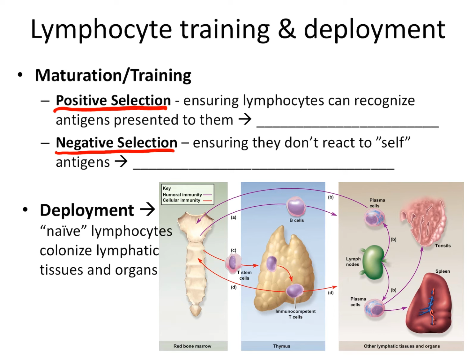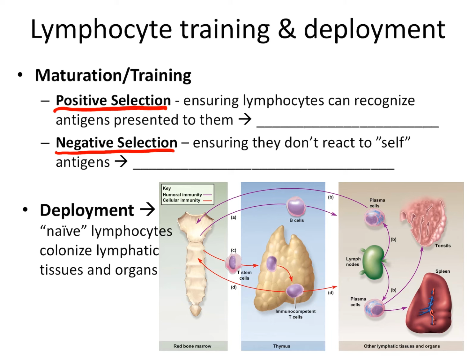With our T cells, they're essentially going to go through two major stages of training, positive selection and negative selection. During positive selection, you're essentially going to ensure that these newly born lymphocytes can recognize antigens that are presented to them.